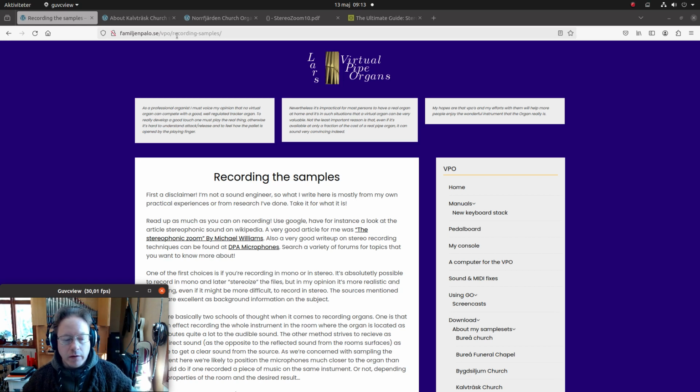The pipe organ mainly consists of flute type of pipes, like this one that is an open pipe, and you have a mouth here. As opposed to, you can also have the type like this, that is a stopped pipe closed at the top.